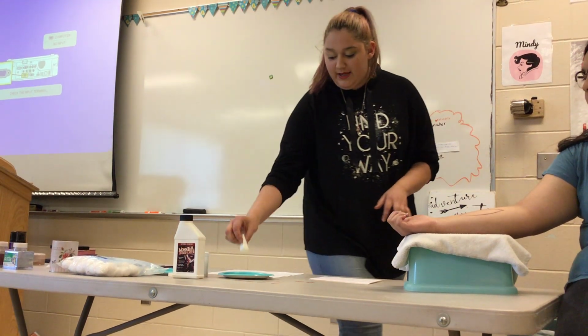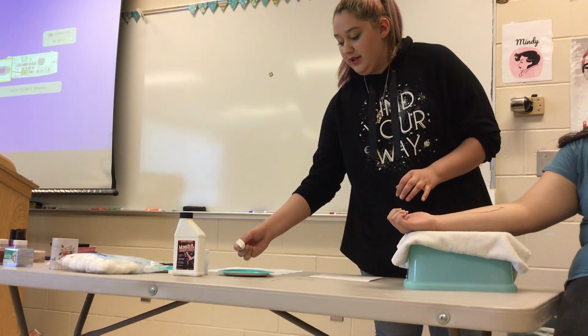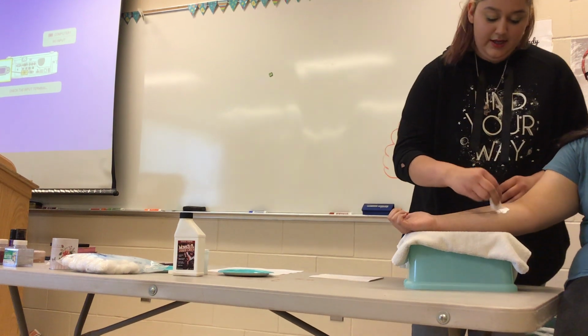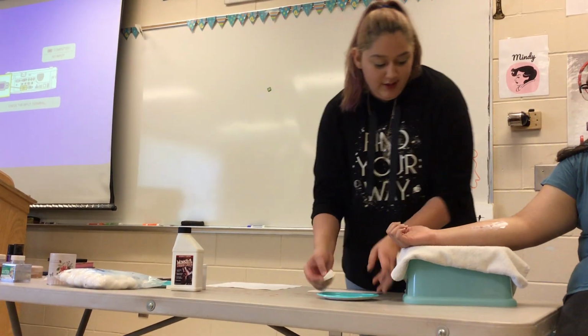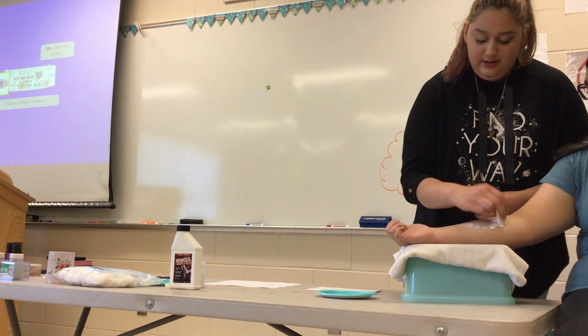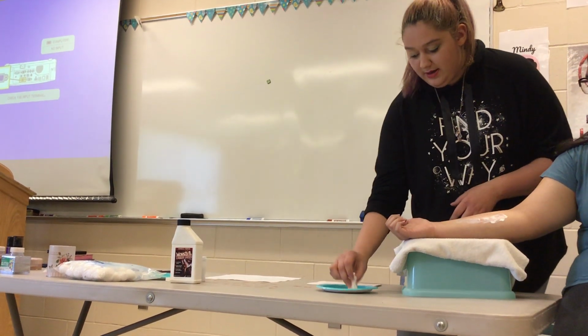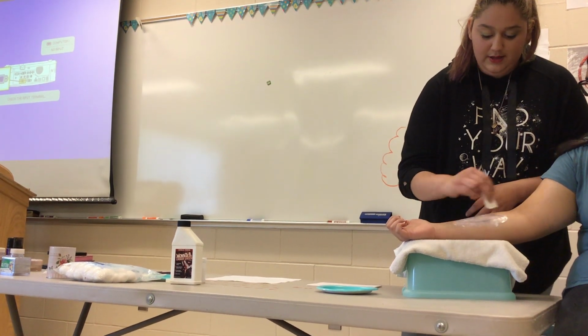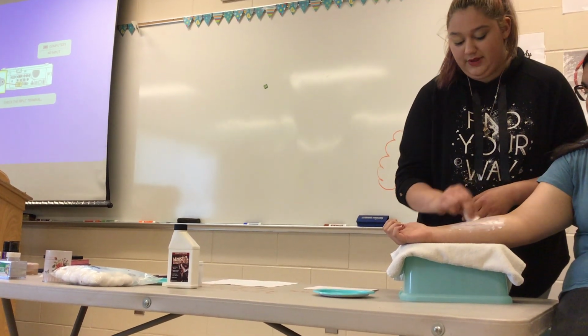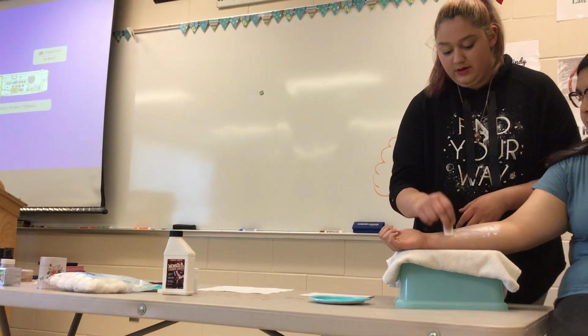Then you take your sponge applicator, dip it in the liquid latex, and you start putting it on the design. Not too lightly and not too thick either. So you just do the whole thing, all the way around, and in the middle too. You kind of make it blend with the skin.